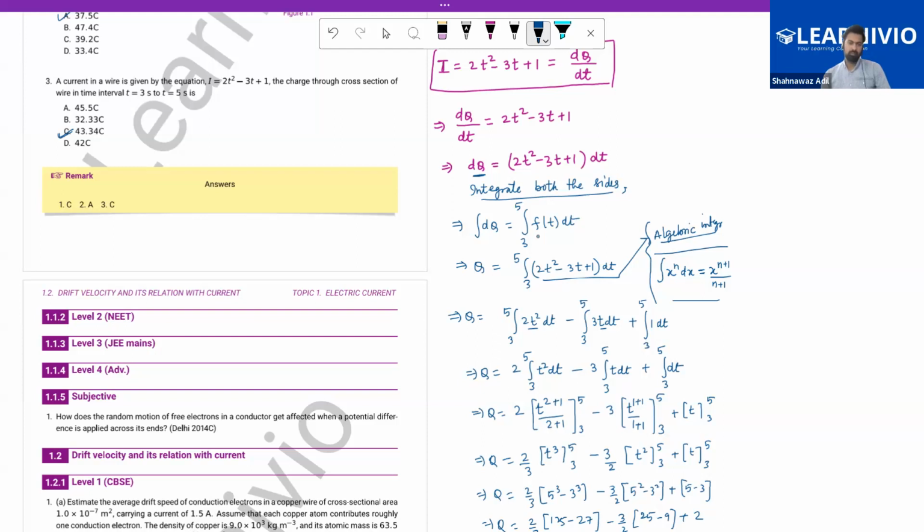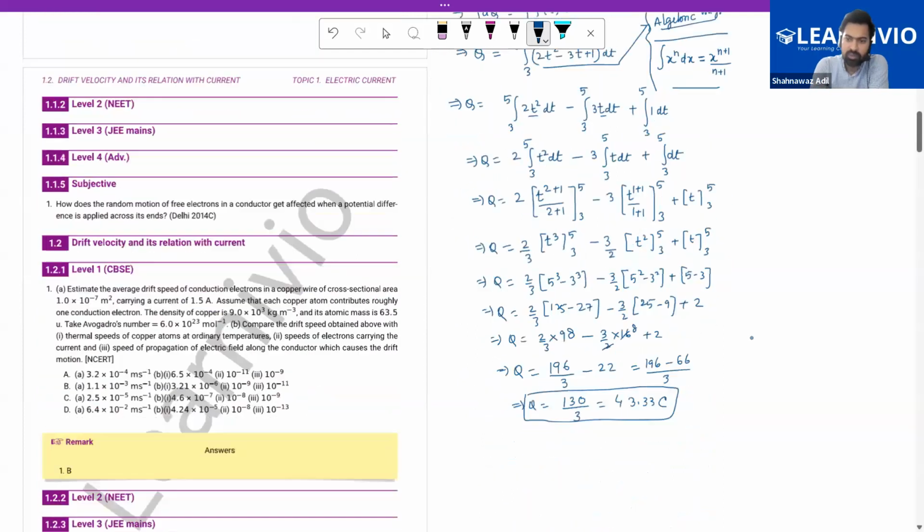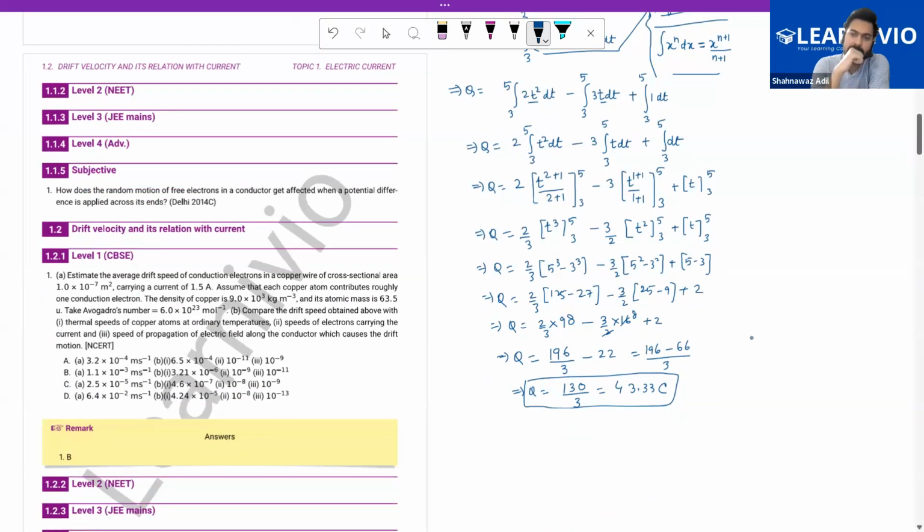Done. Then this part is also noted. Please note this one down.